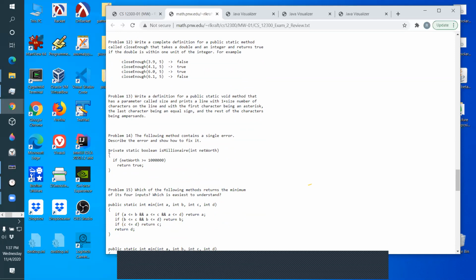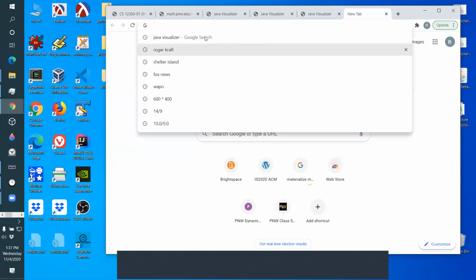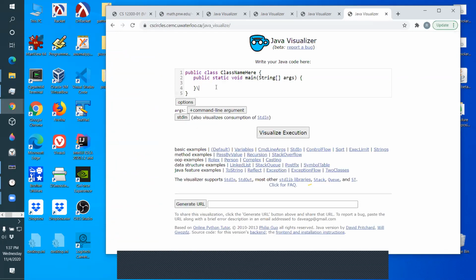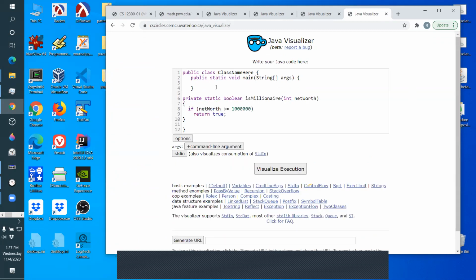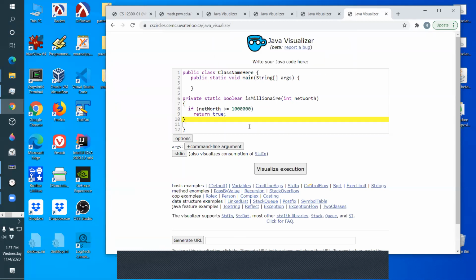This one's got something wrong. The compiler complains. Same kind of problem we had before, missing return statement. So let's follow the logic. What's the missing return statement?